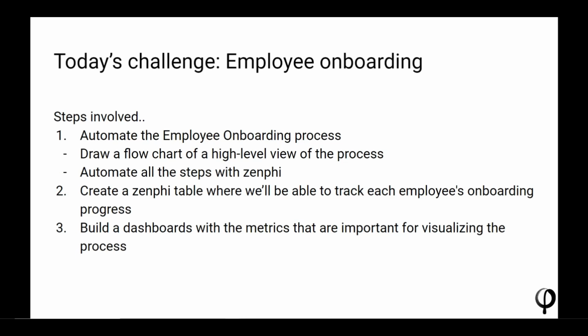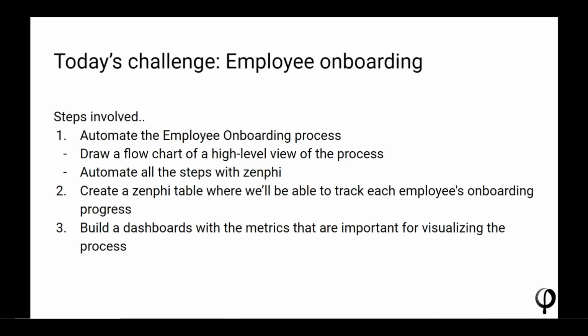So how do we go about automating this with Zenfi? The first step is to translate the various steps of the process into a high-level flowchart. This allows us to identify key steps of the process and the sequence of events that need to happen. Once we have a good idea of the flow, the next step is to automate it with Zenfi.